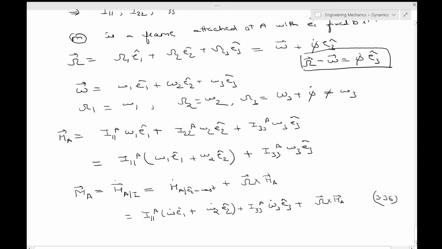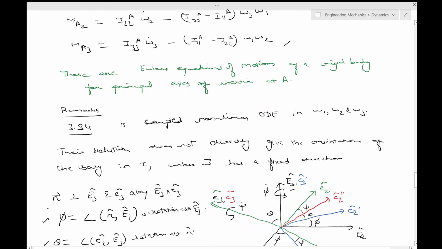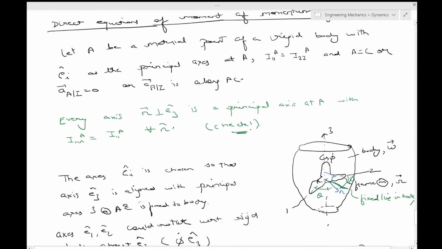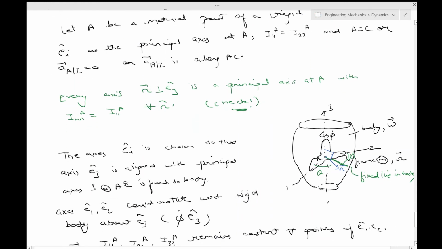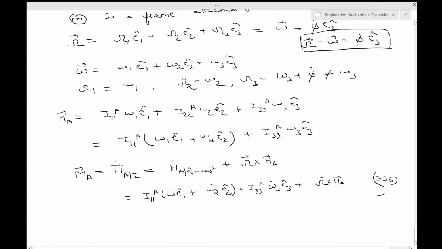So you can use this if you have, say, a body of revolution like the one which we have considered over here. Okay. So this is a much more useful form than the ones which we have seen before. So we should try to use this more often.